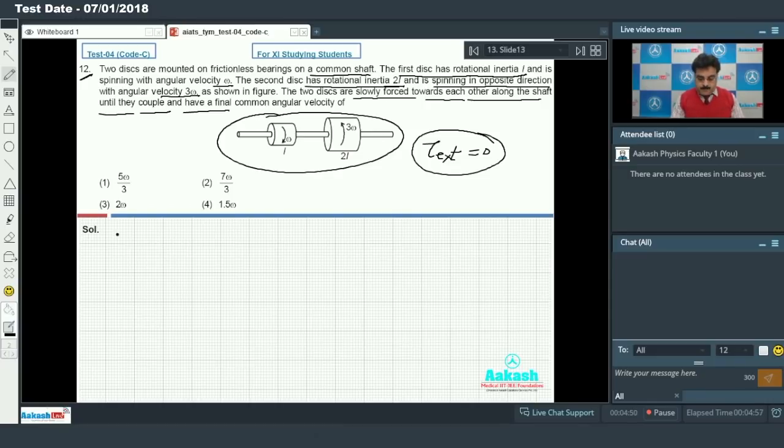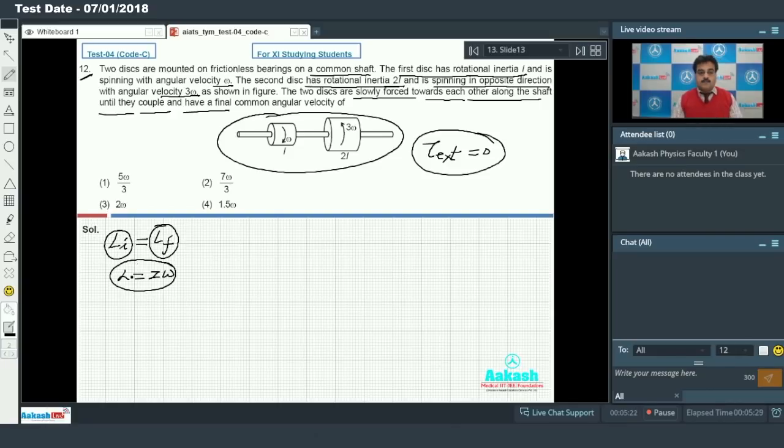So first I will write the initial angular momentum and final angular momentum according to the law of conservation of angular momentum. Lf is the total final angular momentum, and Li means total initial angular momentum. You know angular momentum is given by I omega, where I is the moment of inertia and omega is the angular velocity.